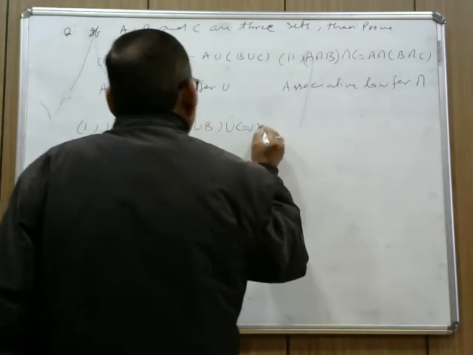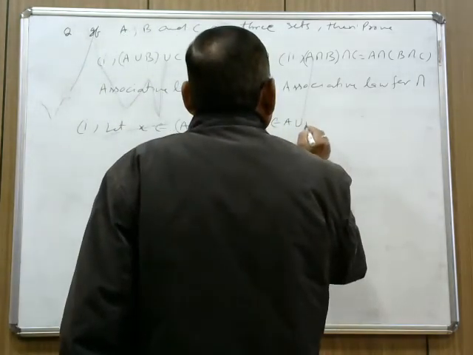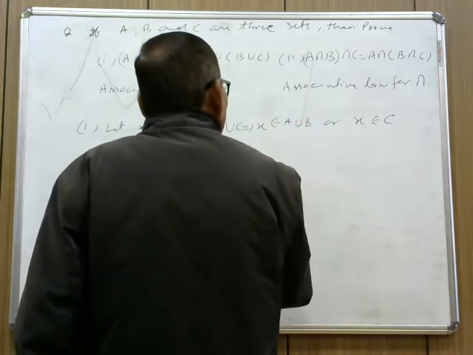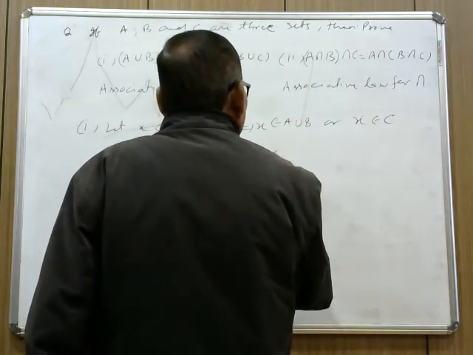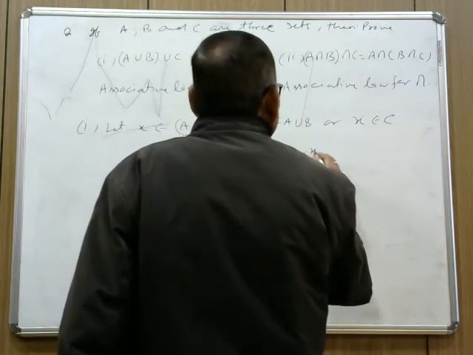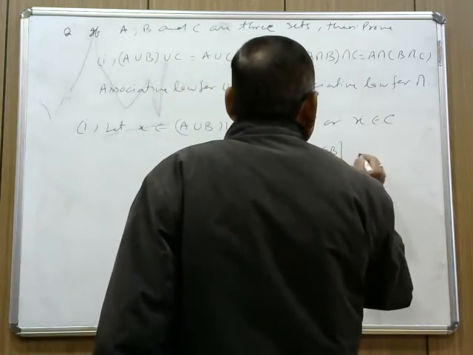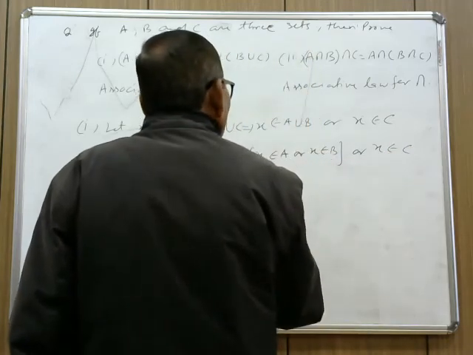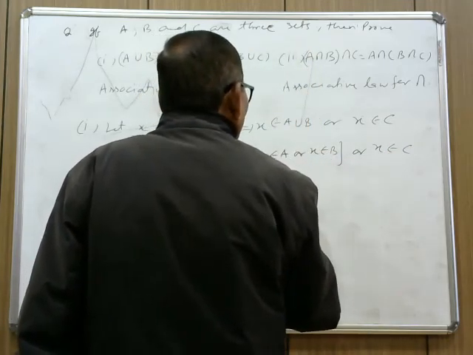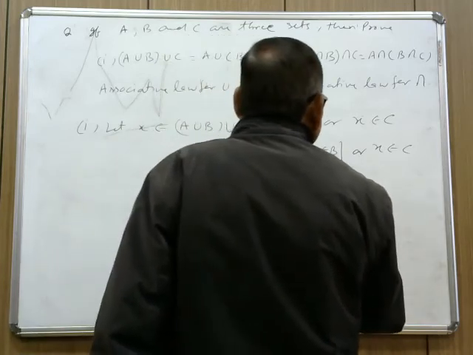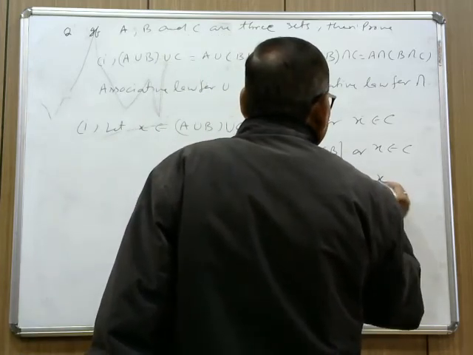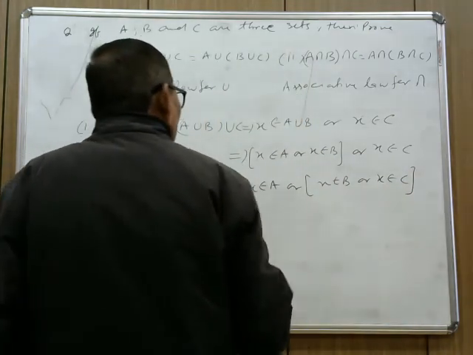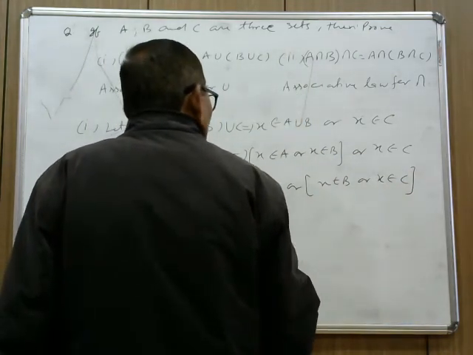First, let X belong to the left side. This implies that X belongs to A union B or X belongs to C. Implies that X belongs to A or X belongs to B or X belongs to C. Or is everywhere, that's why you can change the clubbing.